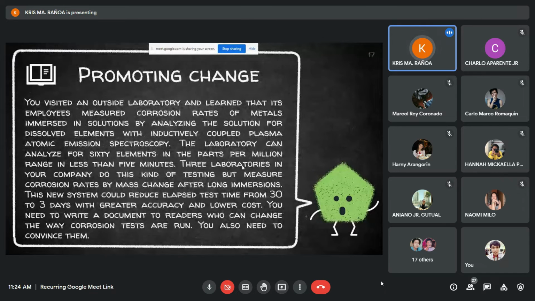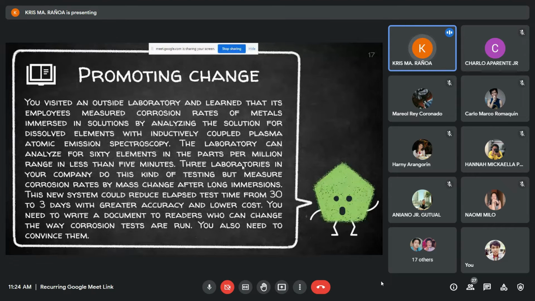Next kay promoting change. You visited an outside laboratory and learned that its employees measured corrosion rates of metals immersed in solution by analyzing the solution for dissolved elements with inductively coupled plasma atomic emission spectroscopy.